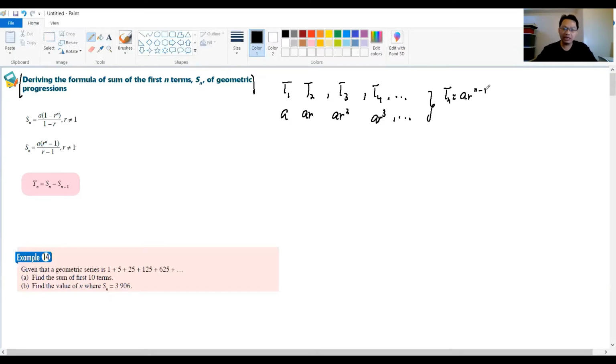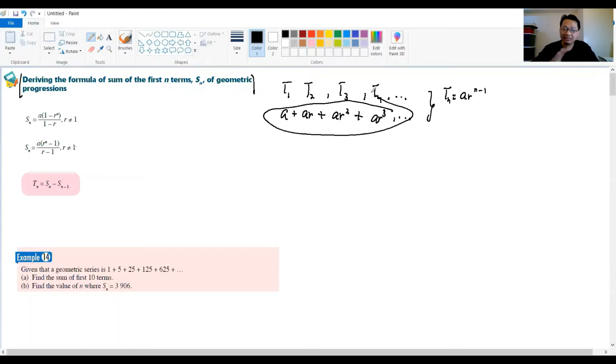Today what we want to find is how to add up everything here. A plus AR plus AR squared plus AR cubed, and so on, until n terms.